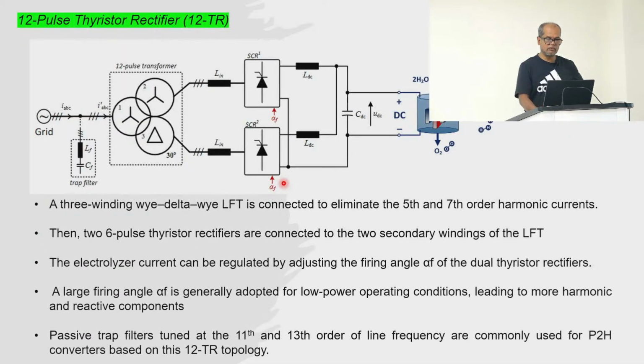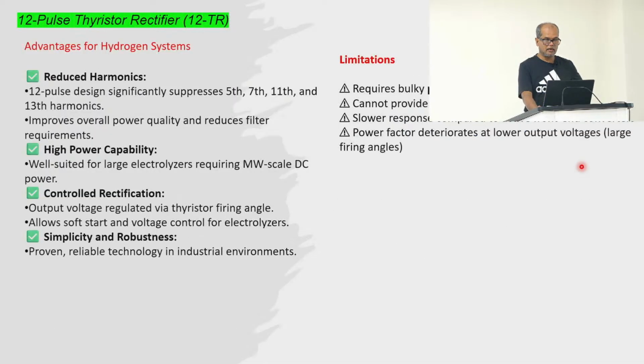We are not developing the equation, but when you have that equation, you will see that the output has a relation with alpha. So by changing alpha, you can easily control the output voltage, and it's already a proven technology in the industrial environment.